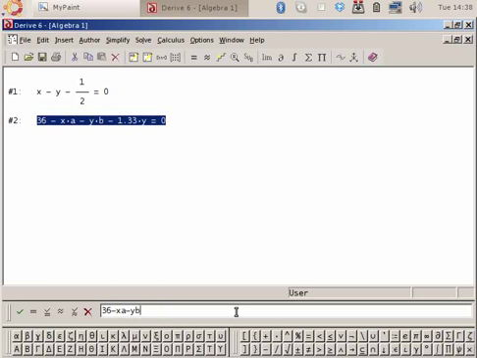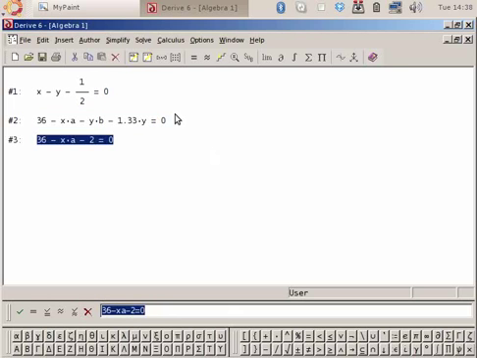Now, what's the next one? 36 minus X A, minus 4 times a half, so minus 2, equals 0. Yes. Okay, next one? 0 minus 2, so it's 4 times a half, 2, plus 1.33 Y plus Y B equals 0.